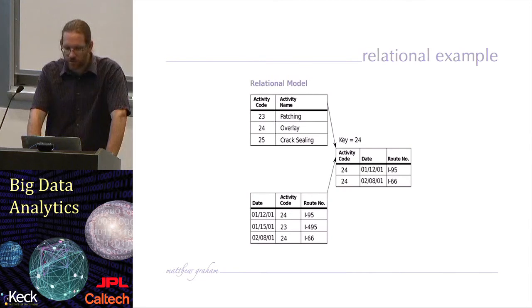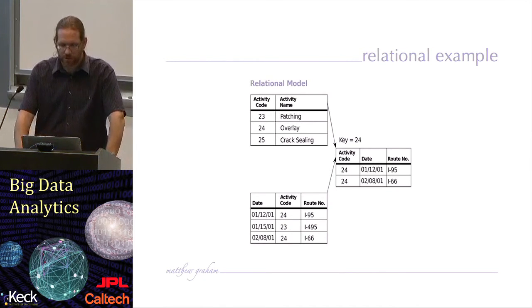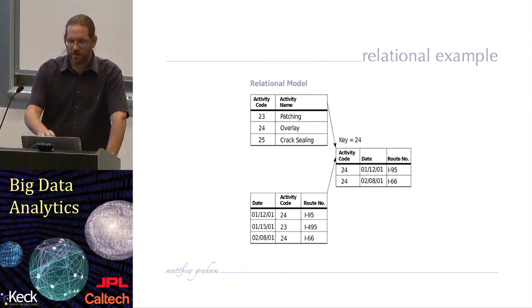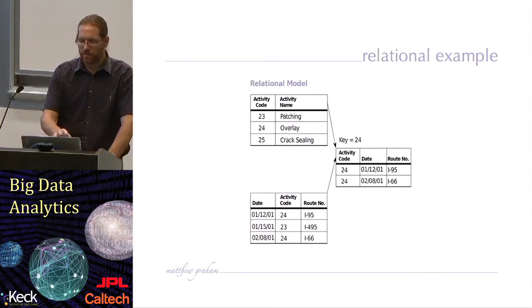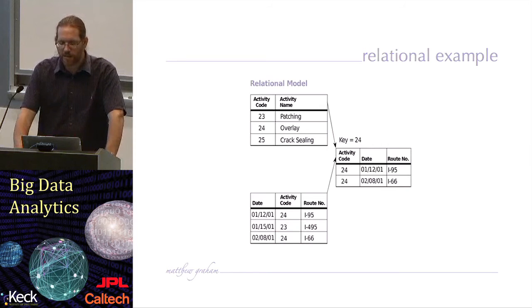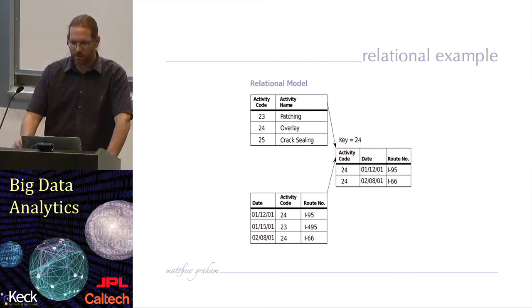One of them has 2 attributes, 2 columns, the other 2 have 3 columns, 3 attributes, and individual rows. And you can see there are relations between them, where a particular attribute in one of the tables is expanded in one of the other tables, activity code with information associated with it.